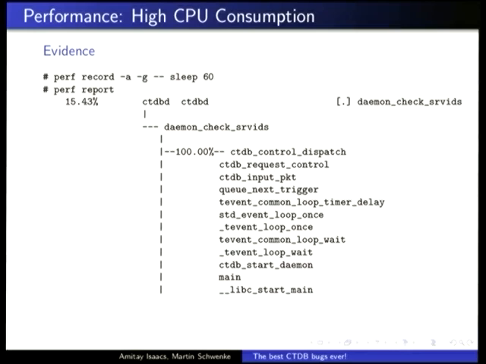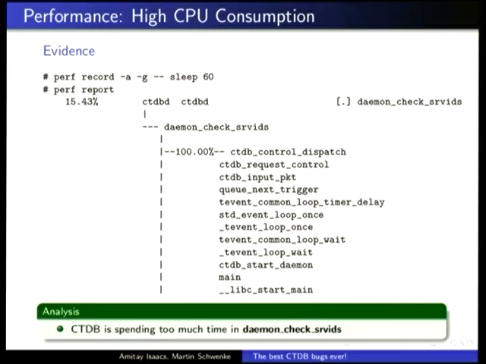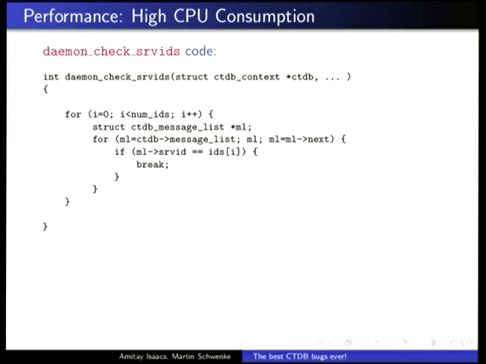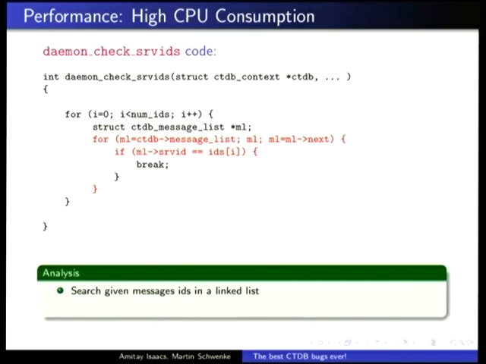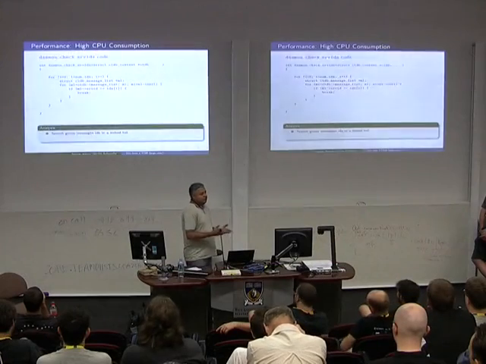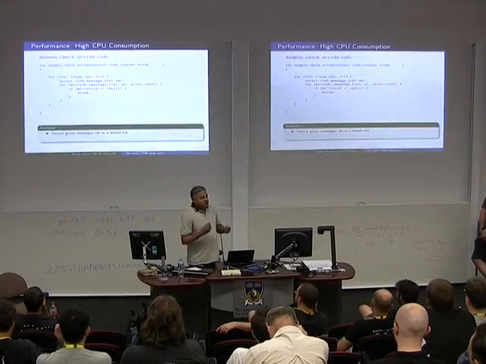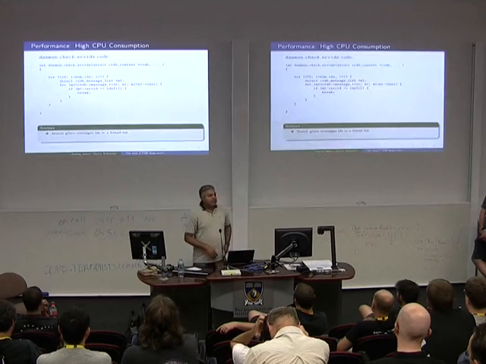During that entire time, it's really spinning in one function. So what does this function do? It's a very simple function. Given message IDs, it's trying to find them in a linked list, and if found, it's just checking whether the ID exists or not.